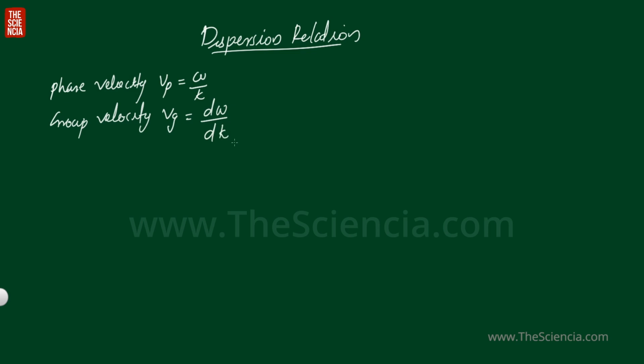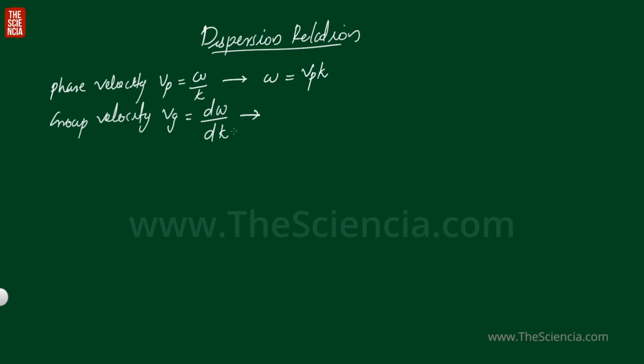We know phase velocity Vp is equal to omega by k, and we know group velocity Vg is equal to d omega by dk. So from this equation, I can rewrite and find an equation for omega that is equal to Vp into k.